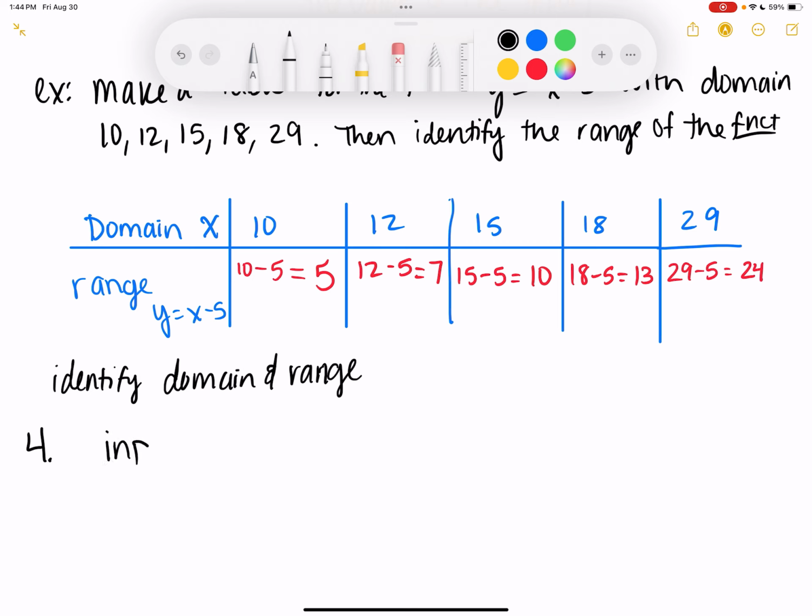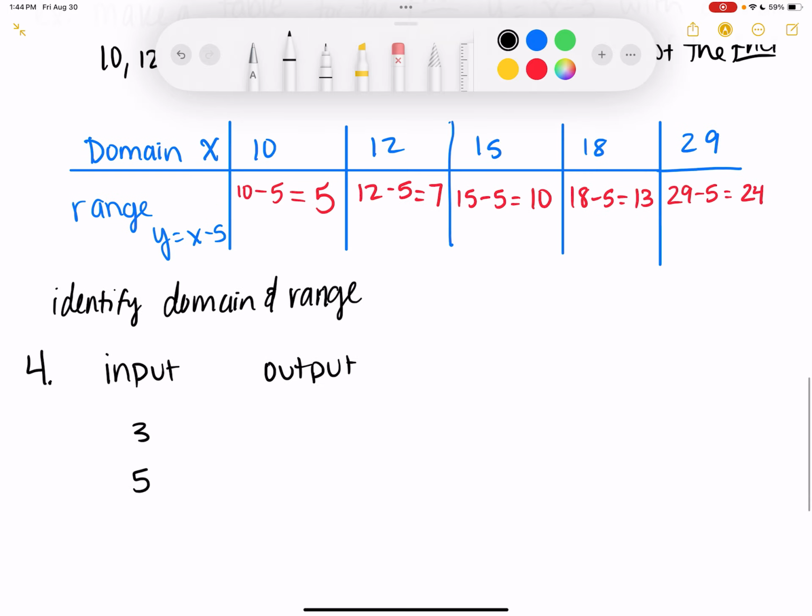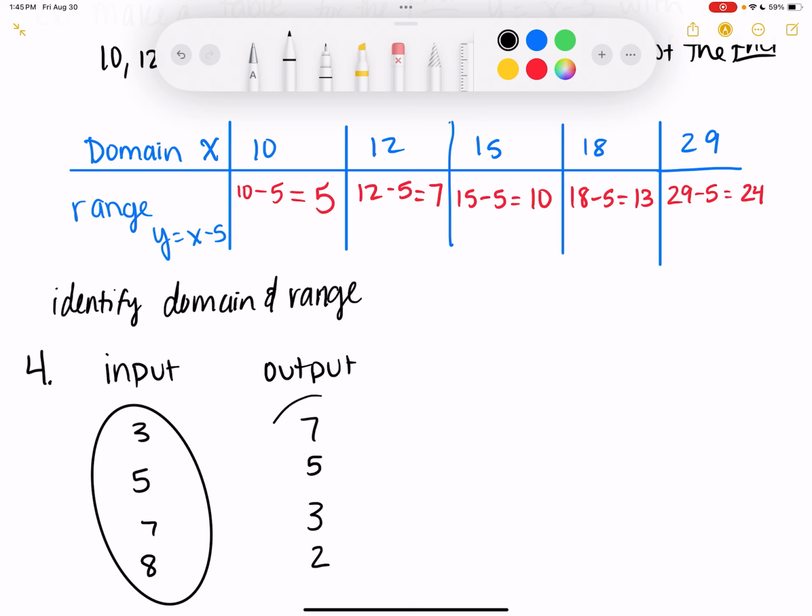They give us a mapping diagram with the numbers 3, 5, 7, and 8. Output of 7, 5, 3, and 2. And they're connected with what's across from them.